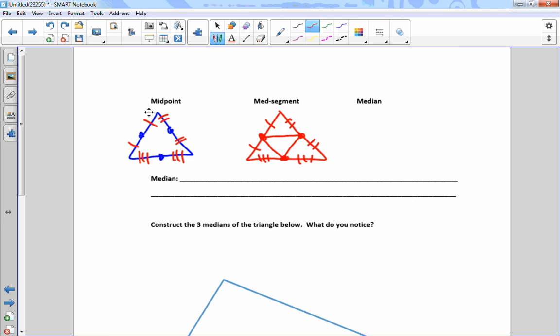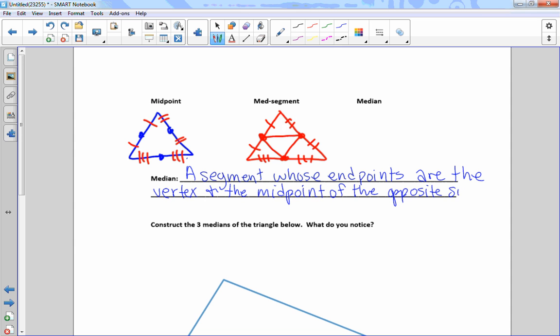Okay, the median is a segment whose endpoints are a vertex and the midpoint of the opposite side.